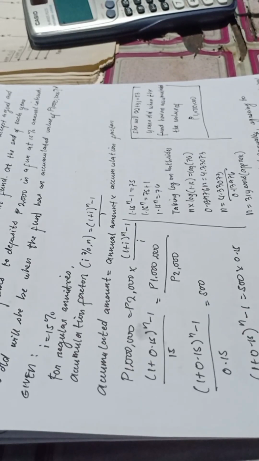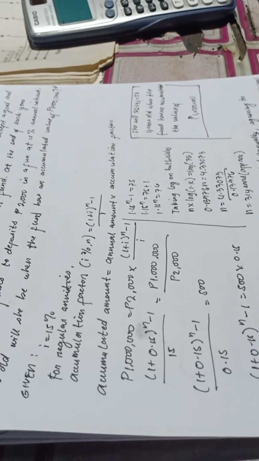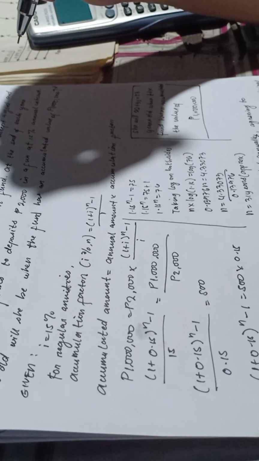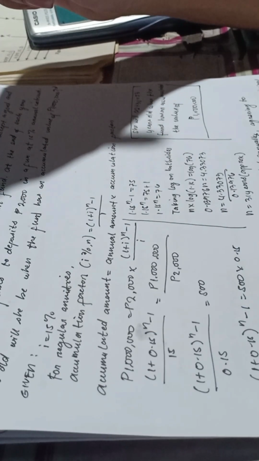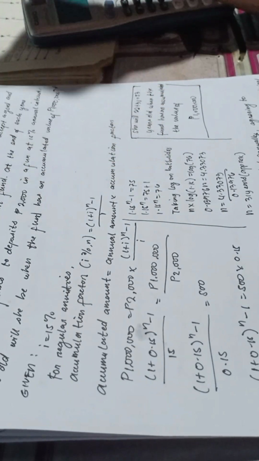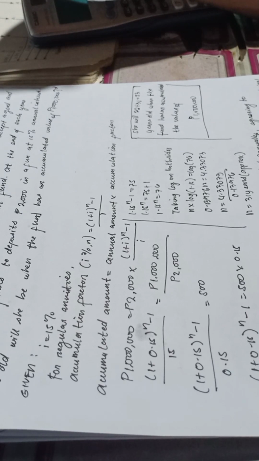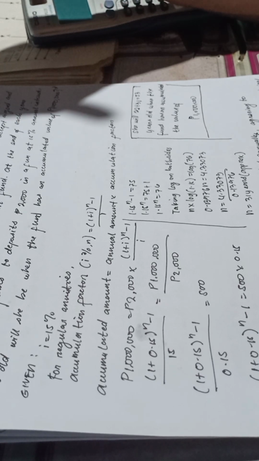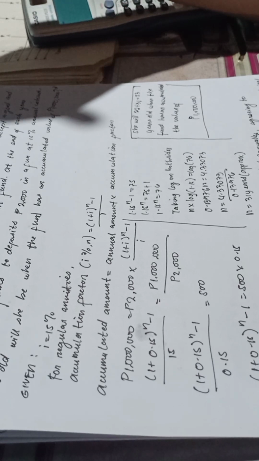So our interest rate is equal to 15%. So for regular annuities, our accumulation factor is the quantity of 1 plus I raised to the power of n minus 1 over the interest rate.